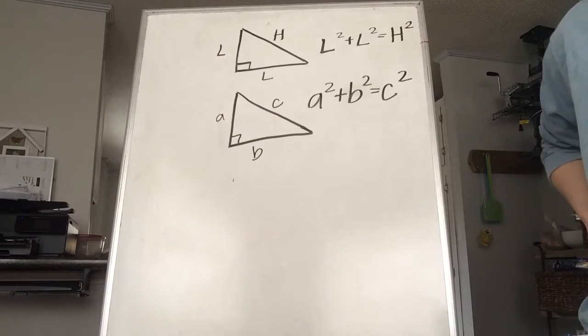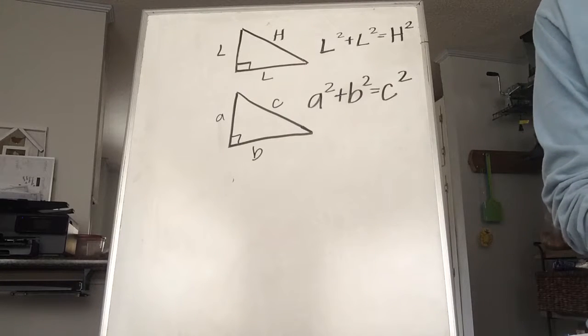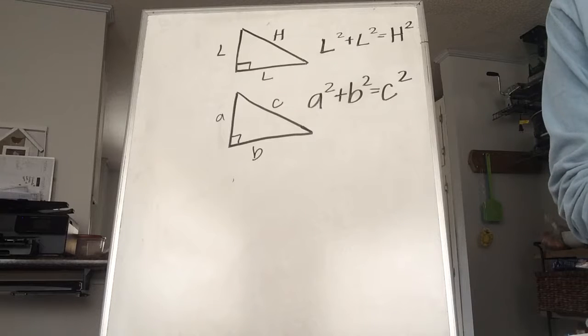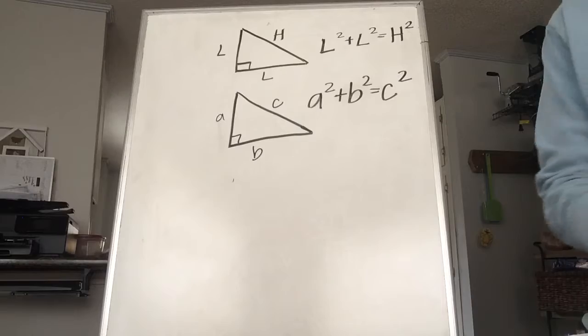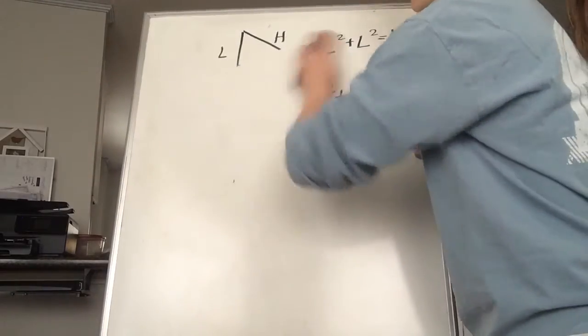Okay, number two. If the square of the hypotenuse is equal to the sum of the squares of the legs, we know what? That is harder when it's written out in words compared to just seeing it as an equation.